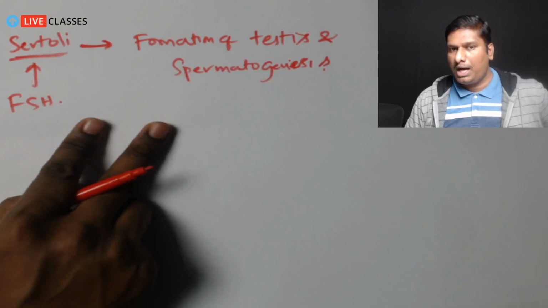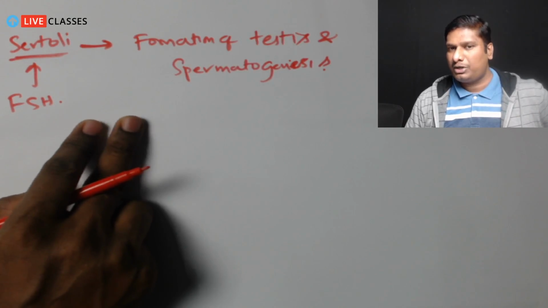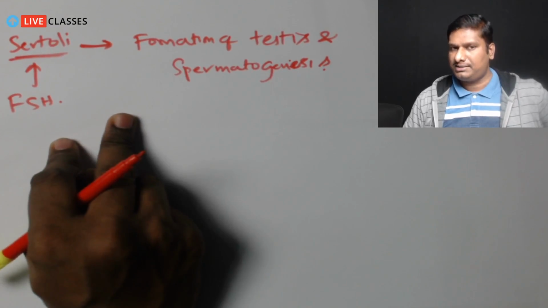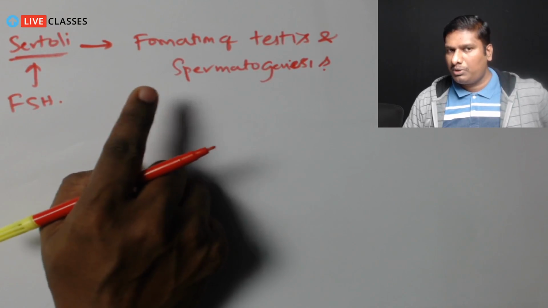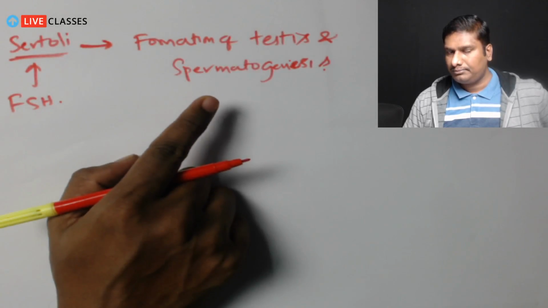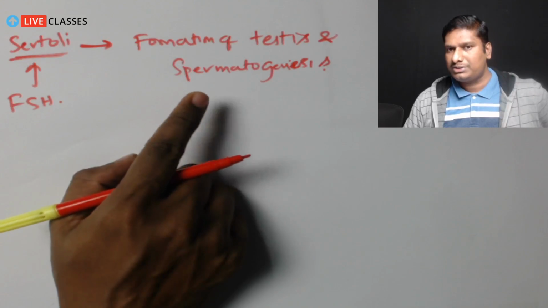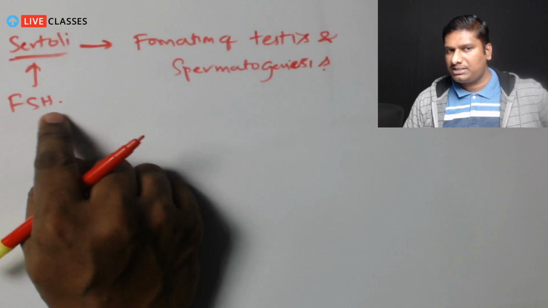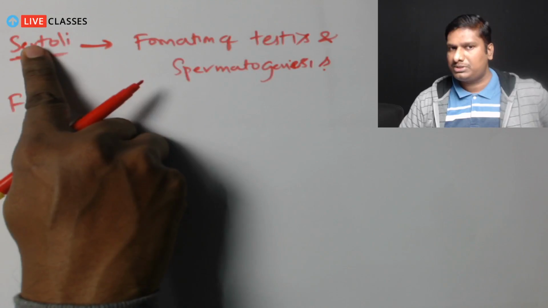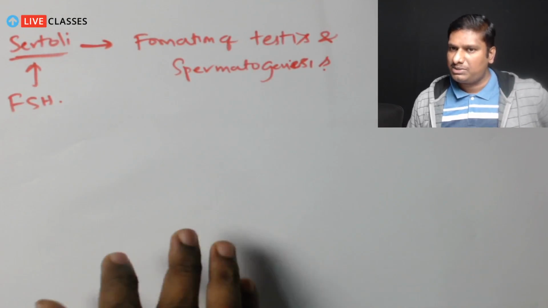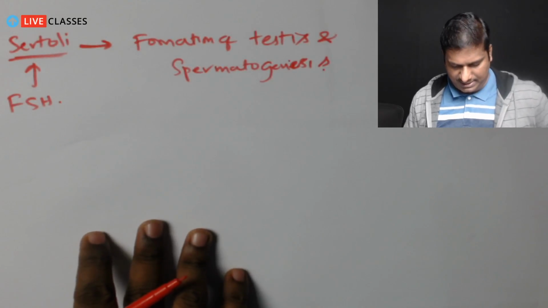So two hormones of the pituitary gland control two separate tissues in the testis. The luteinizing hormone controls the stromal tissue, causing it to produce the androgens, and the follicle stimulating hormone stimulates the Sertoli cells, contributing to the formation of the testis as well as the spermatogenesis process.